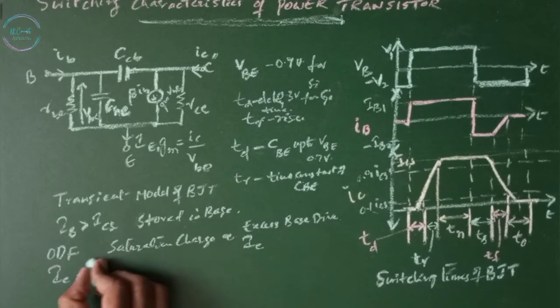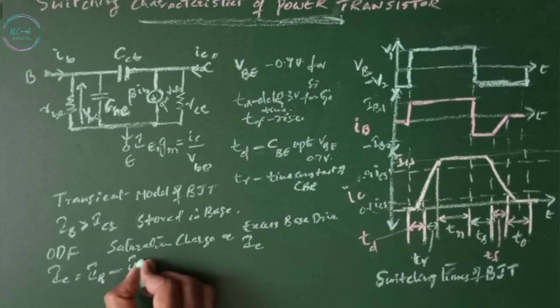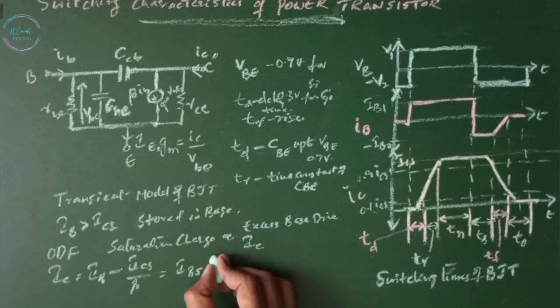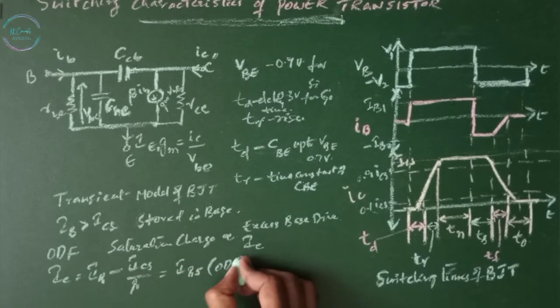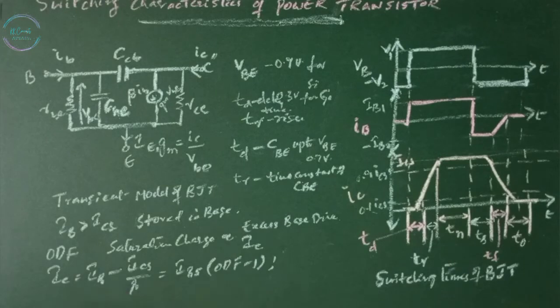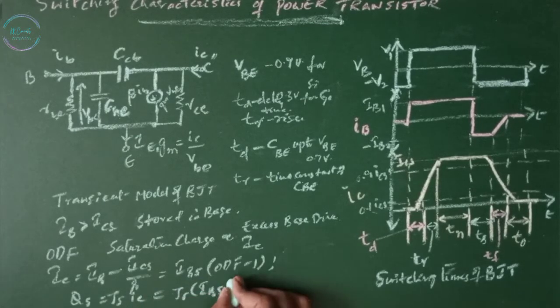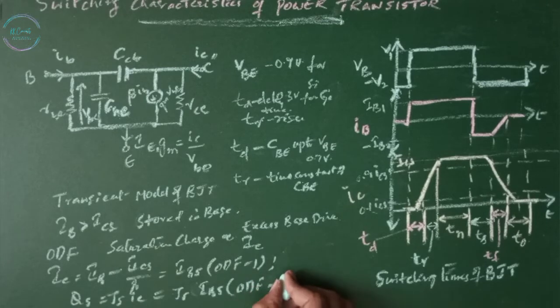IE equals IB minus ICS by beta, which equals IBS times ODF minus 1. Saturation charge QS equals tau S times IE, that equals tau S times IBS times ODF minus 1. The tau S is known as the storage time constant of the transistor.